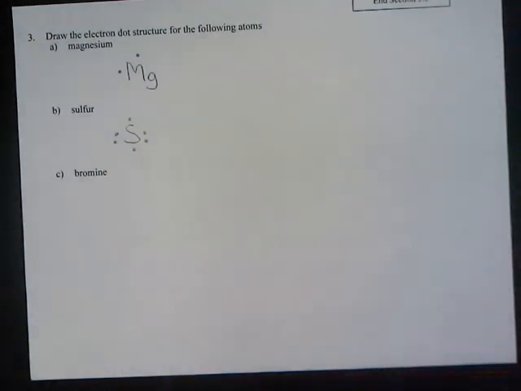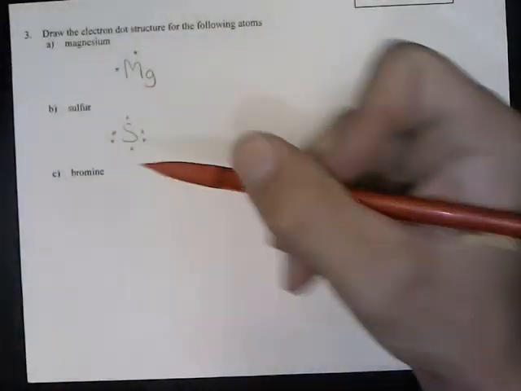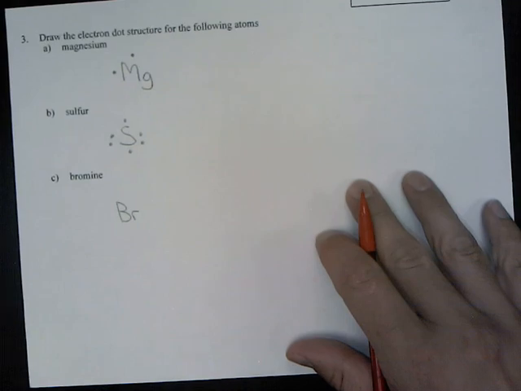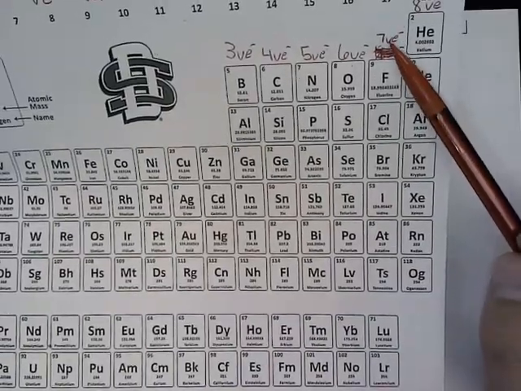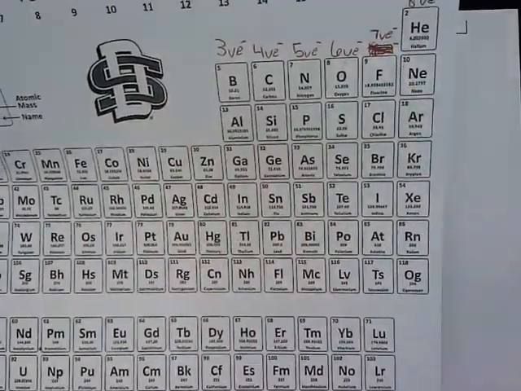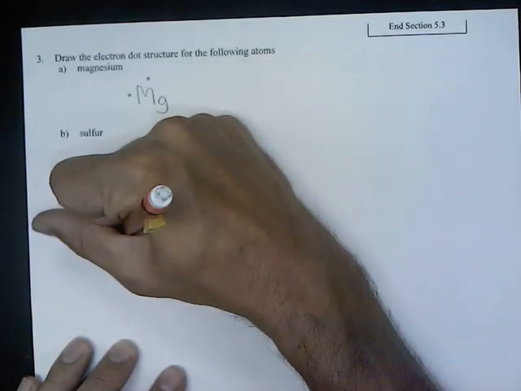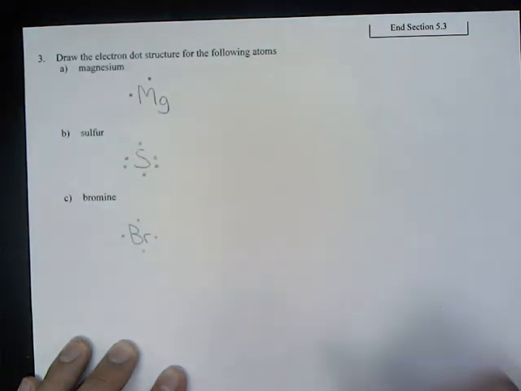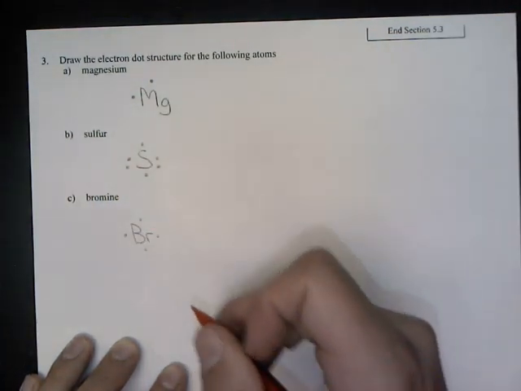Okay, we go to bromine. Bromine has a symbol of Br. We go all the way up. And again, I made that mistake initially, but bromine's group has 7 valence electrons. That means we need 7 dots. So we'll start here by putting a dot around each side. That represents 4 dots, or 4 valence electrons.